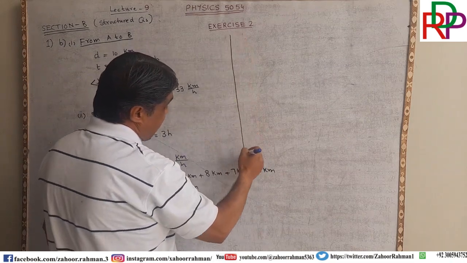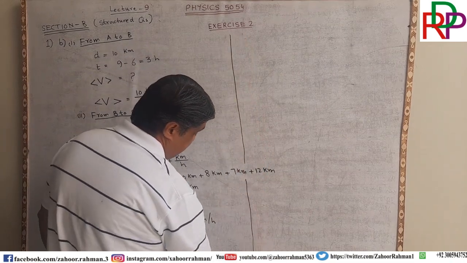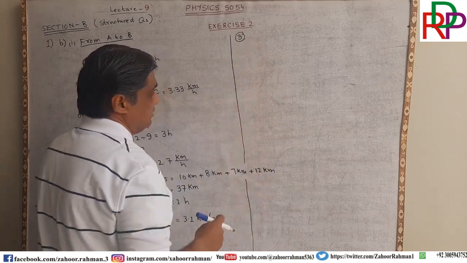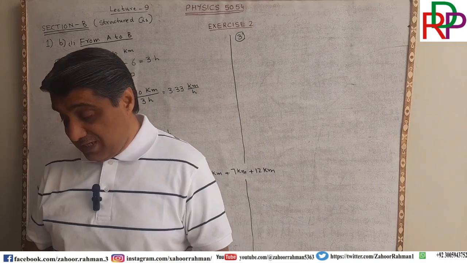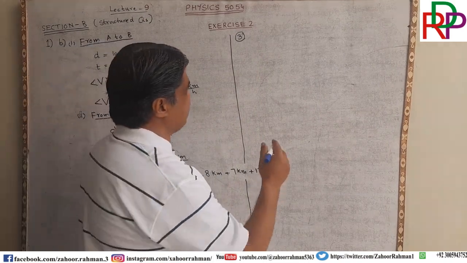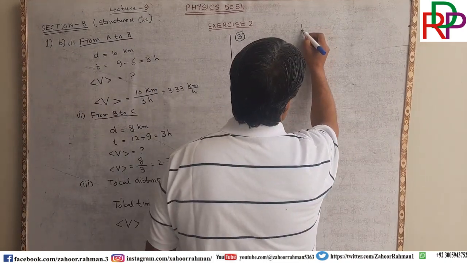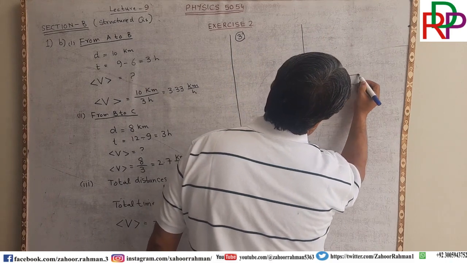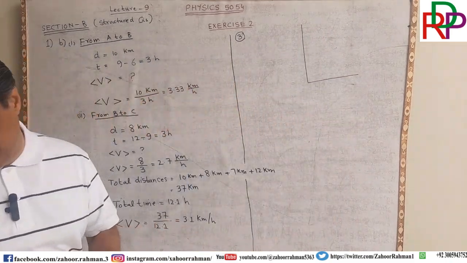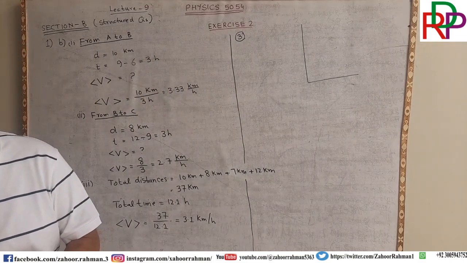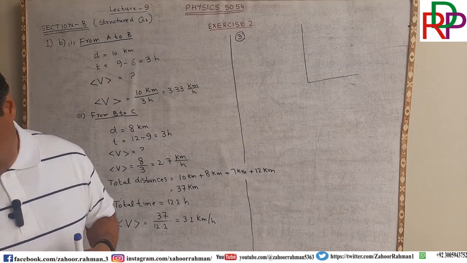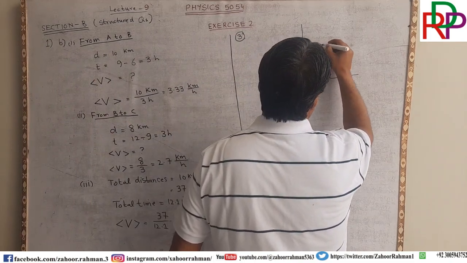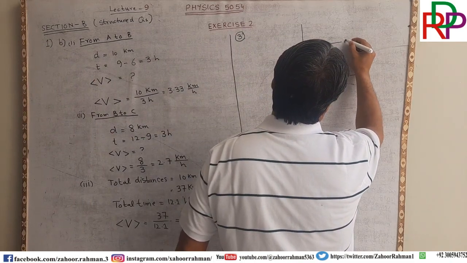Now ladies and gentlemen, we are turning our focus to question number 3. Question number 3 has given us a graph in which there are three different lines. One line is A and that is a straight line.